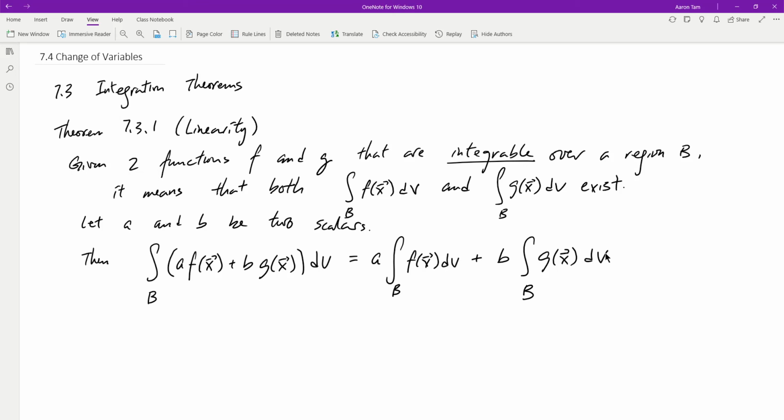On the right side, you can integrate f and g first and then combine them the same exact way you would when they were inside the integral. So you can either combine first, then integrate, or integrate, then combine.